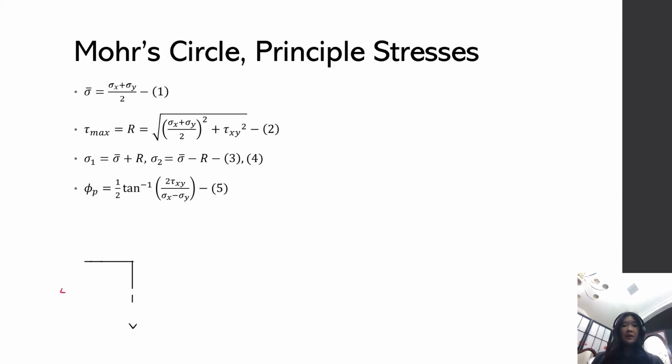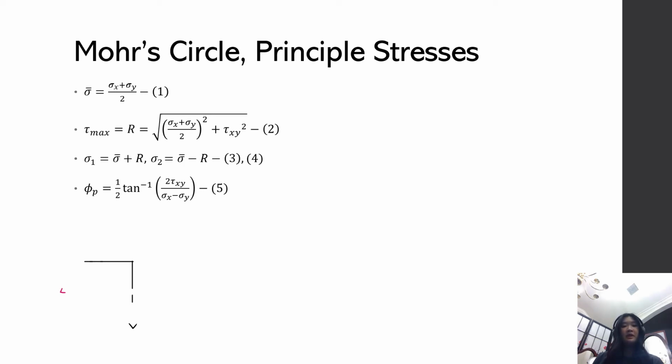The final step is to draw a Mohr's circle for each individual element and to find the principal stresses acting at each individual element. First, we will look at element E. To draw a Mohr's circle for element E, we first have to find the center. We find the center using equation 1. Next, we have to find the maximum shear stress that is acting at element E, which is equal to the radius of Mohr's circle.